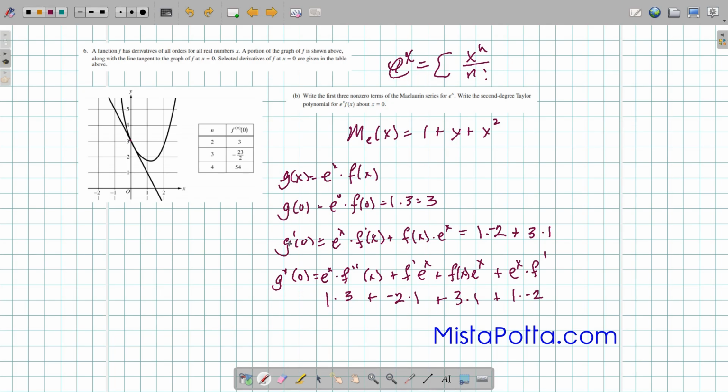So I've got g, g prime, and g double prime. I'm ready to do the second degree Taylor polynomial here by using these values.